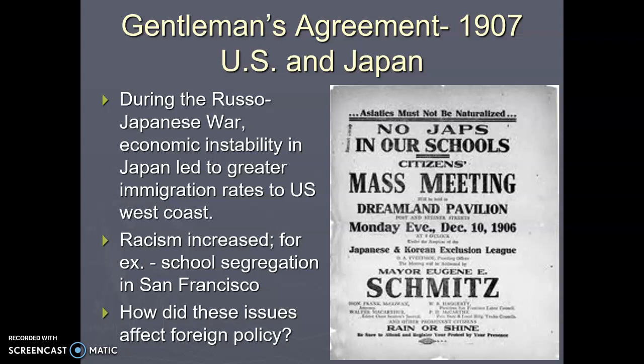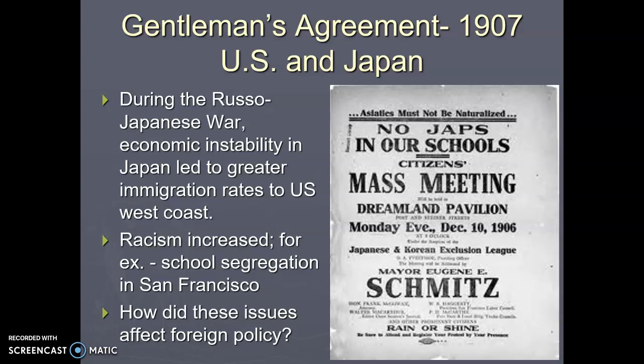There's actually a lot of press on what's happening to children of Japanese immigrants in California, and there's a lot of editorials, and it becomes a big foreign policy issue, so much so that Teddy Roosevelt actually calls the individual school people and mayor and whatnot from San Francisco and other places in California to insist that the segregation must stop.